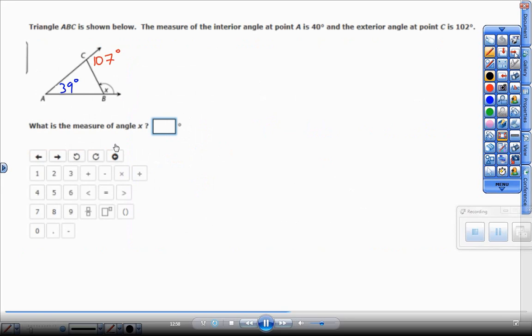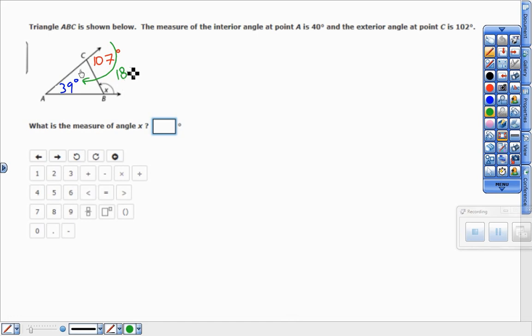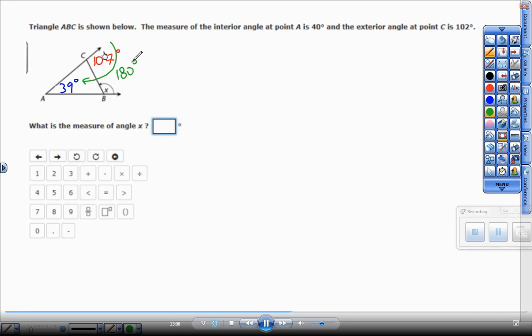This one, easy. Find the angle next to that 107 degree angle and then add that to 39. So remember, this angle 107 plus this blank angle will add up to be 180. So to find that blank angle right there, take 180 minus 107. And what that gives you is that angle right there next to the red one.